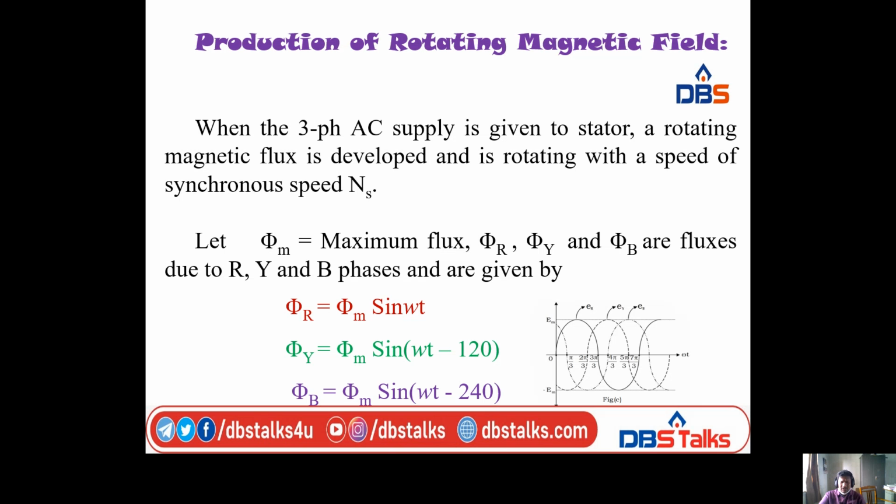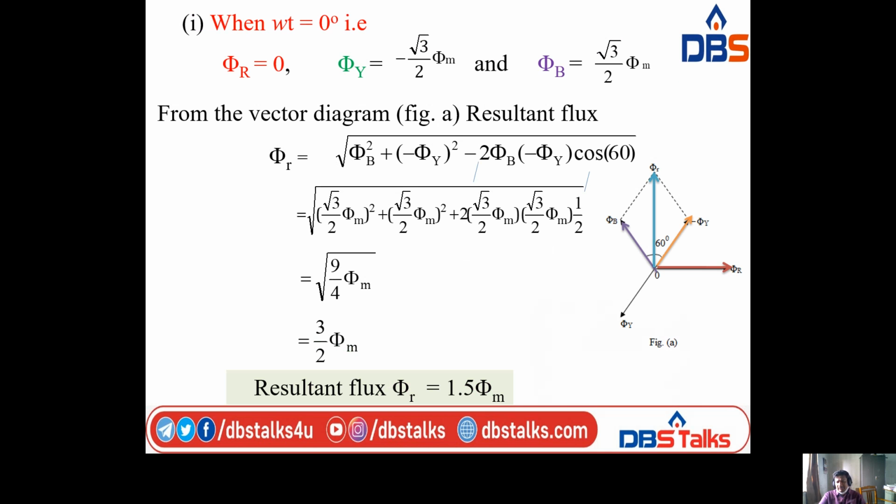Already minus is there, so minus times minus gives plus. So phi y is equal to minus 0.866 phi m, otherwise minus root 3 by 2 phi m. Next, phi b, sin of 0 minus 240 degrees, that is equal to root 3 by 2 phi m.